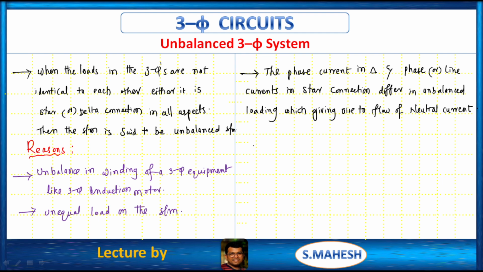So in case of star connection, IR plus IY plus IB should be equal to IN, right?